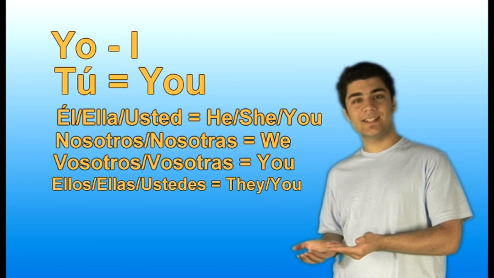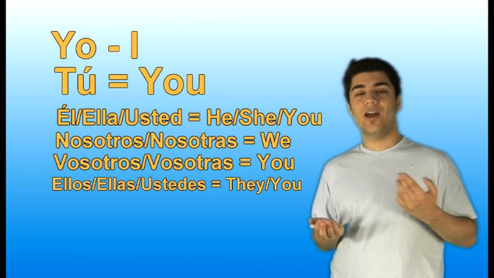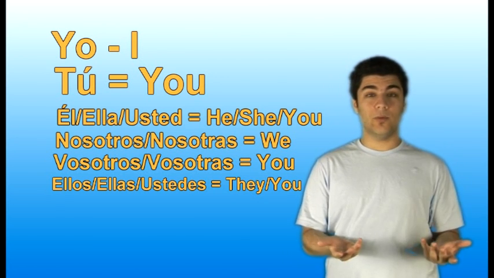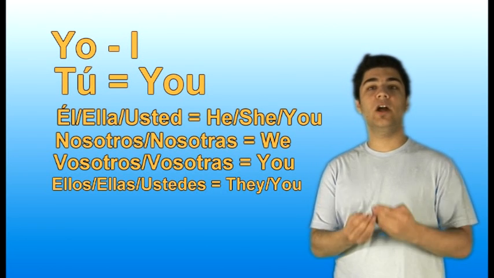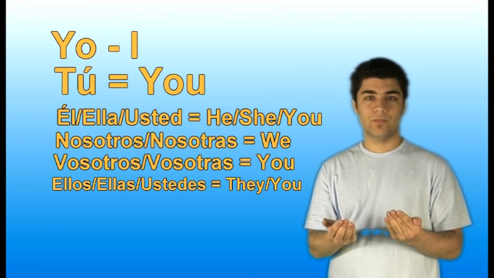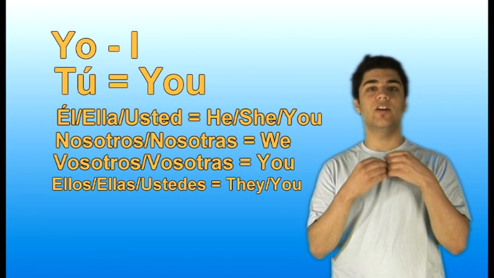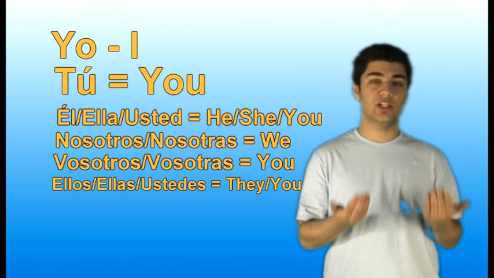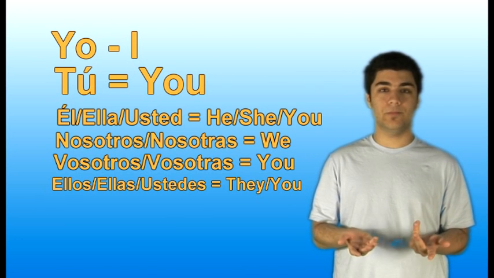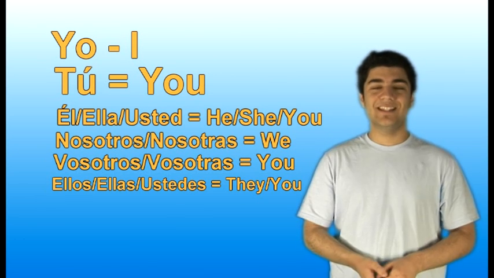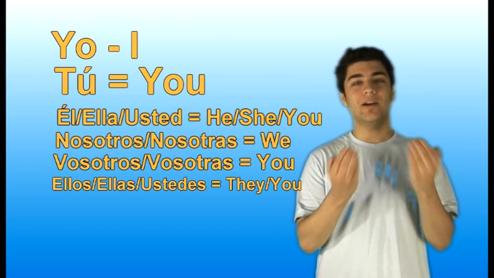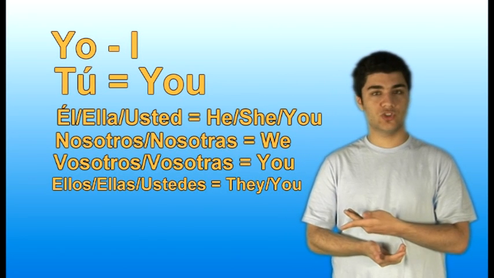Vosotros, vosotras is used informally for someone you know well, but for a group of people. You use vosotros for a group of male people, or a mixture, a group of male and a group of female people. That's who you're talking to. So say if I'm talking to a group of male people, I'd use vosotros.